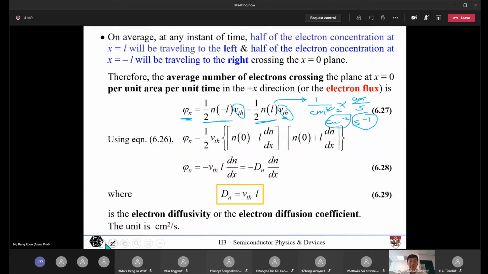All right. So of course, with just n(-L) and n(L), we can put in the approximation that we made earlier in terms of n_0 and the derivative of the concentration, so that you get an expression that tells you how the gradient will affect the flow of the carriers.